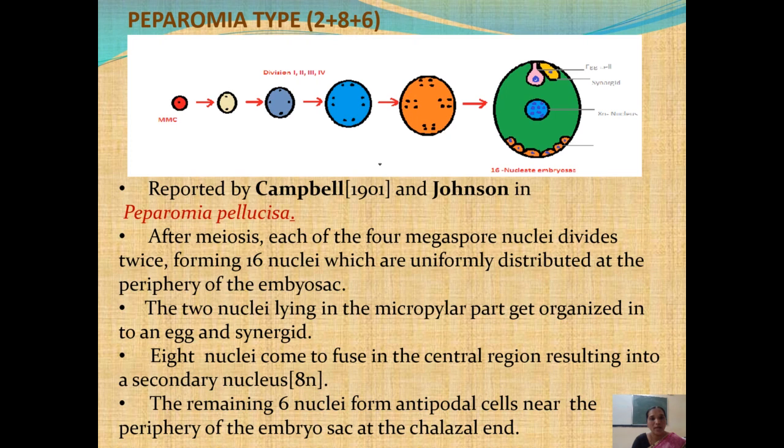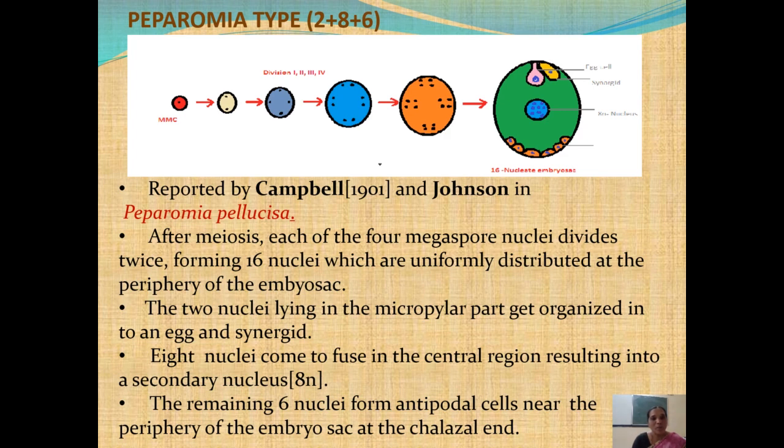Let us see the development of Peperomia type of embryo sac formation, an example of tetrasporic development. The Peperomia type of embryo sac has the nuclei arrangement 2 plus 8 plus 6.